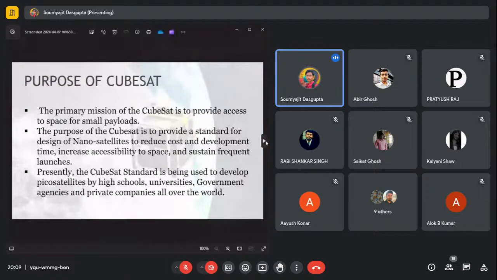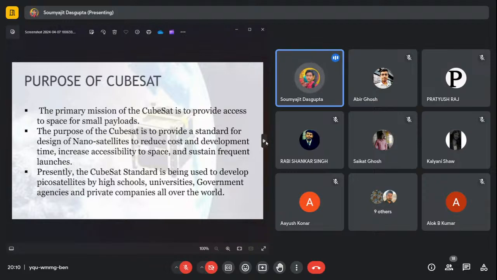Like you just want to organize an experiment for one particular segment, like measuring temperature and humidity of the upper atmosphere of the Earth. For that you need not build a larger satellite. You just build a smaller satellite for a smaller-scale experiment, right?